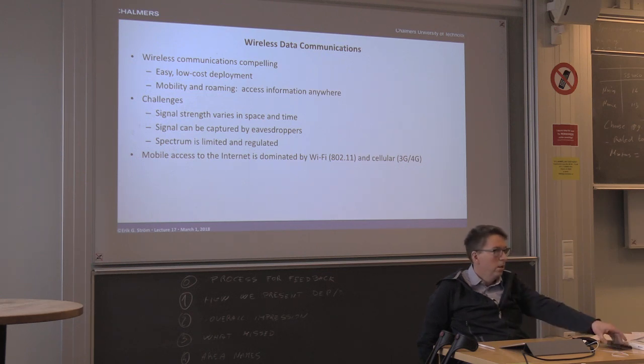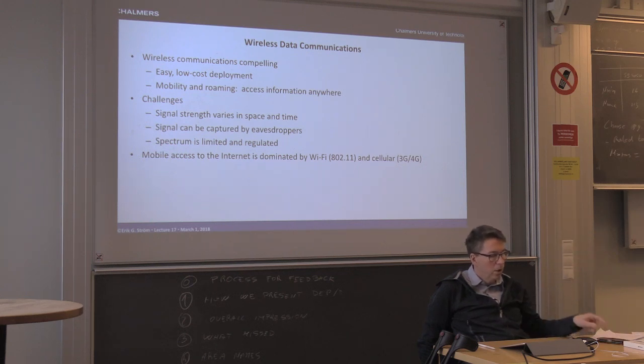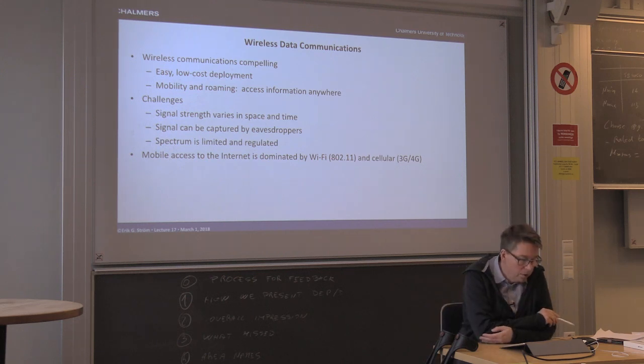I mean, we don't want this to have a cable connection to the internet, right? We want that to be wireless. And also sometimes it's just too expensive or too cumbersome to deploy wired networks even if we are not moving around so much. So that's just for cost and convenience.